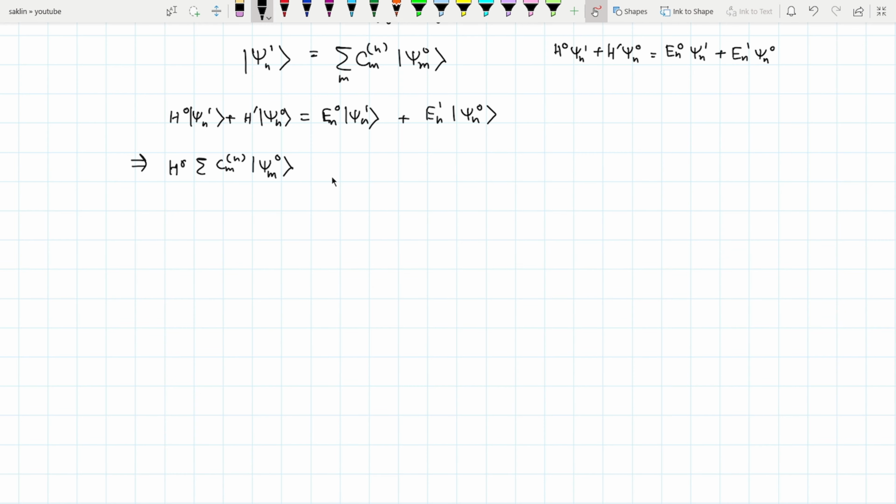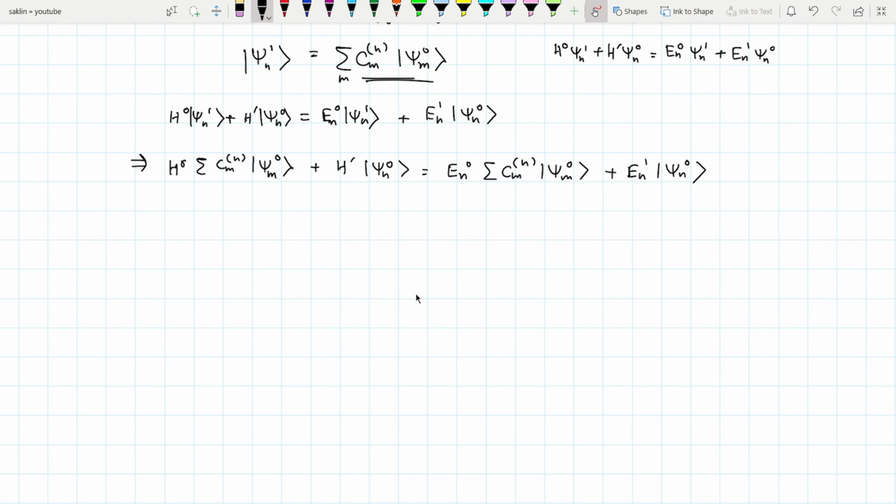Now this term will remain the same, because there is no change in it. And here we can replace this term by this. I am substituting this value into this, and the second term will remain the same. There will be no change in it.